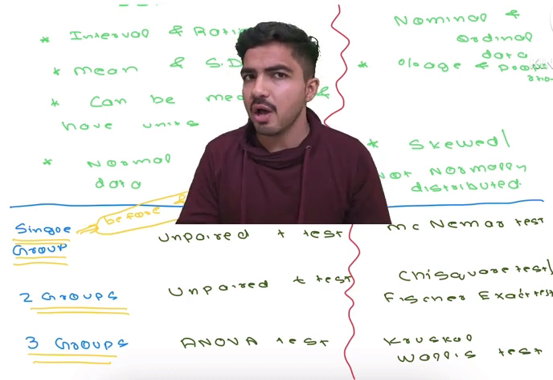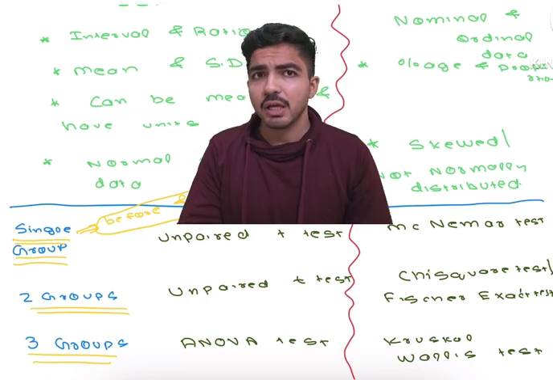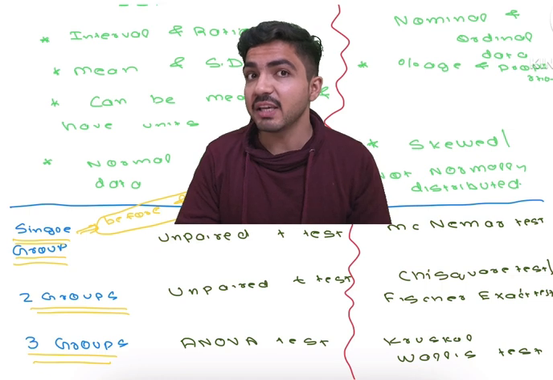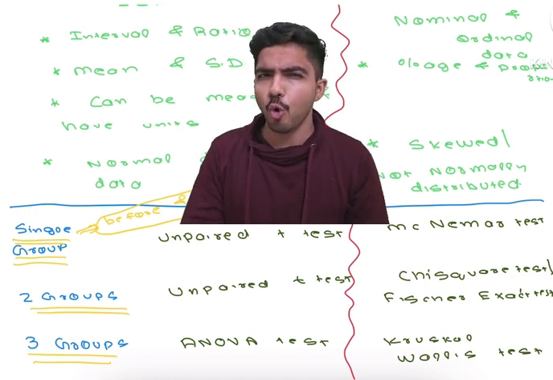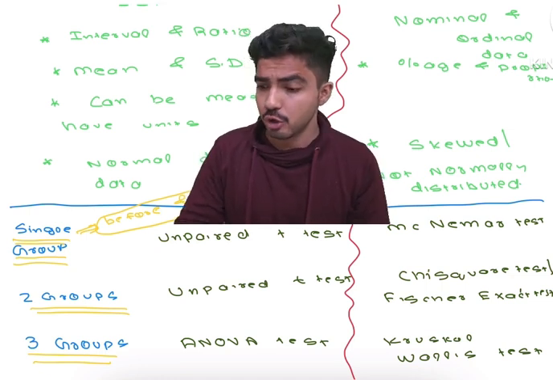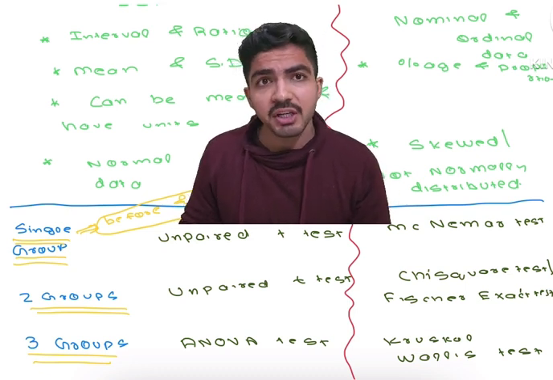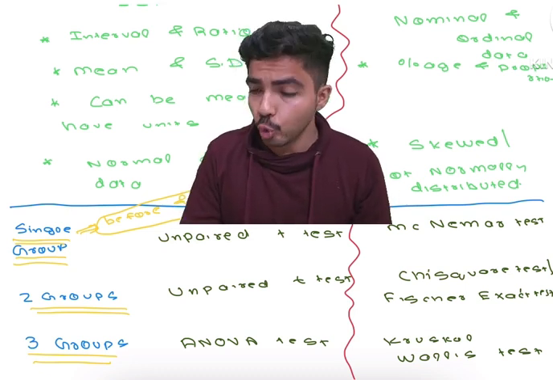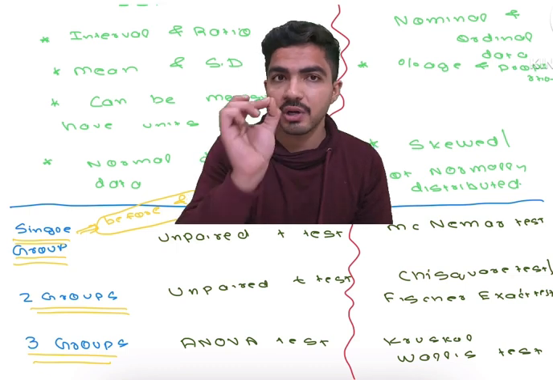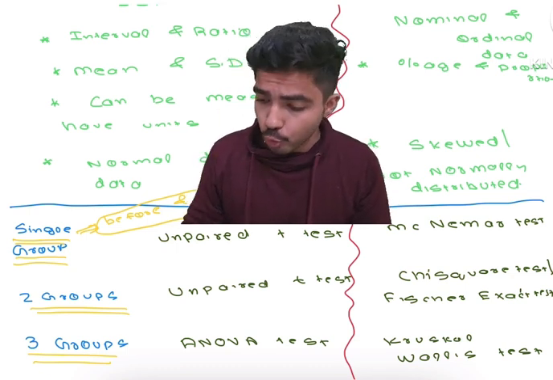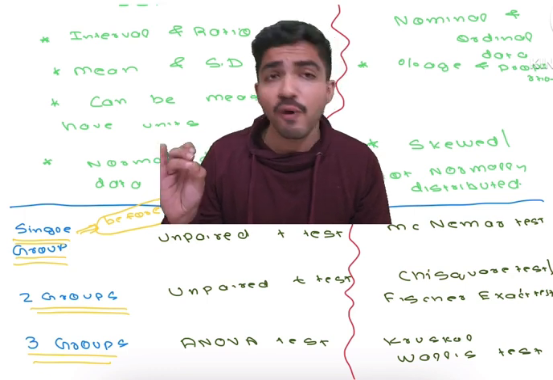Can you calculate the mean? Can you calculate the standard deviation? No, but I can calculate the proportion of patients having anemia. So in this case, it is qualitative data, and if there are two groups, I have to apply chi-square test, and if there are more than two groups, three or more groups, I have to apply Kruskal-Wallis test.